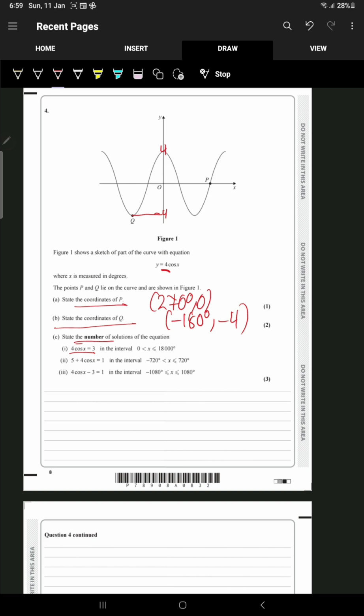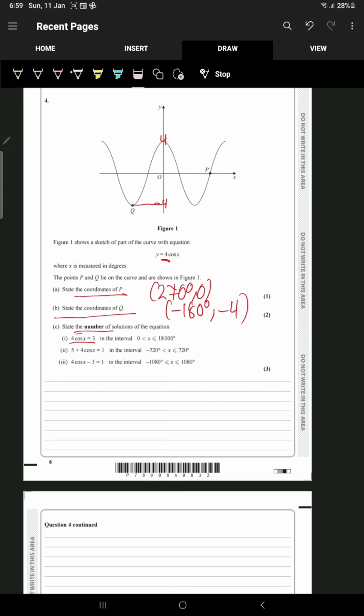All right, so this one is basically a line, which is y is equal to 3, sorry. This is a line where y is equal to 3, and we draw this horizontally like this. This is basically a straight line, and that is equal to the equation 4 cos of x.